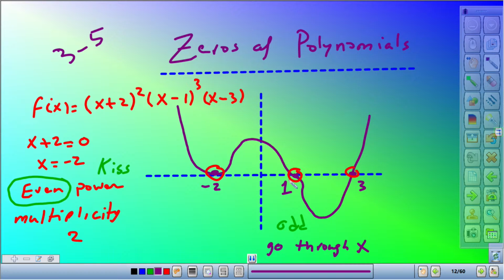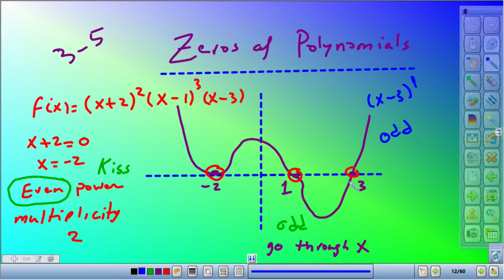And because it's odd, I go through the x-axis, and I'll come over here going up. Also here I go through because the power is odd. Look at this power here: x minus 3 to the first power. It's an odd power, so I go through. I don't just kiss and leave.